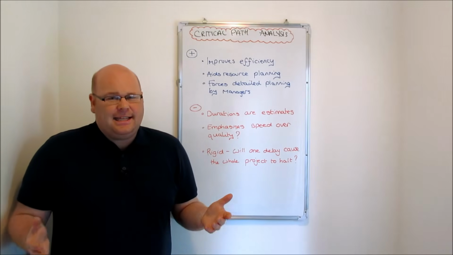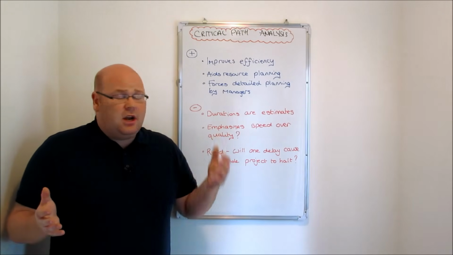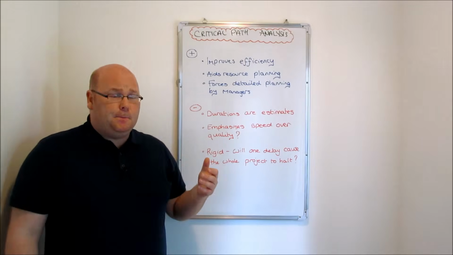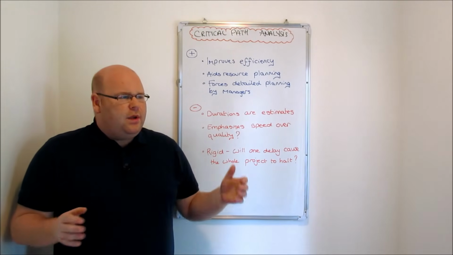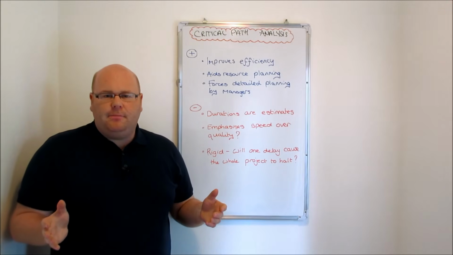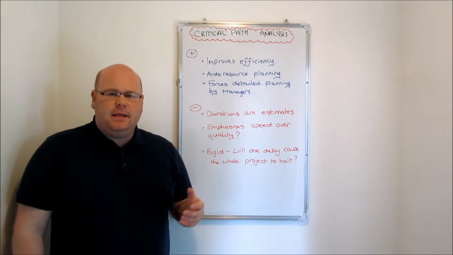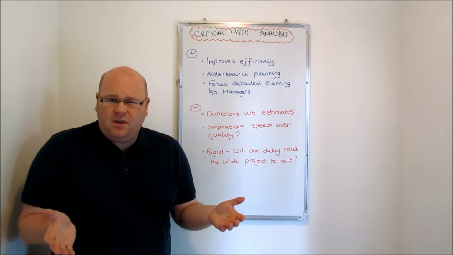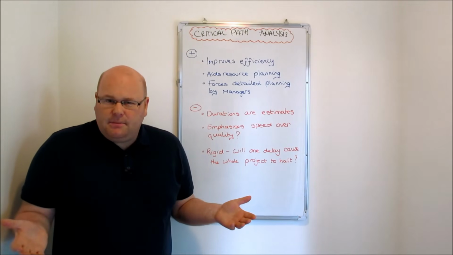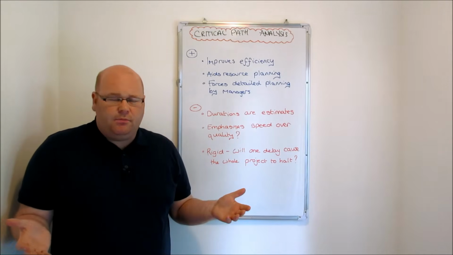Now let's analyze that, because in organizations, time can equal money. If we can reduce the time that an activity takes us, if we can cut down the length of a project, then that is going to mean that the business's resources are committed to that project for a shorter period of time. And it costs organizations money to commit their resources to a project.